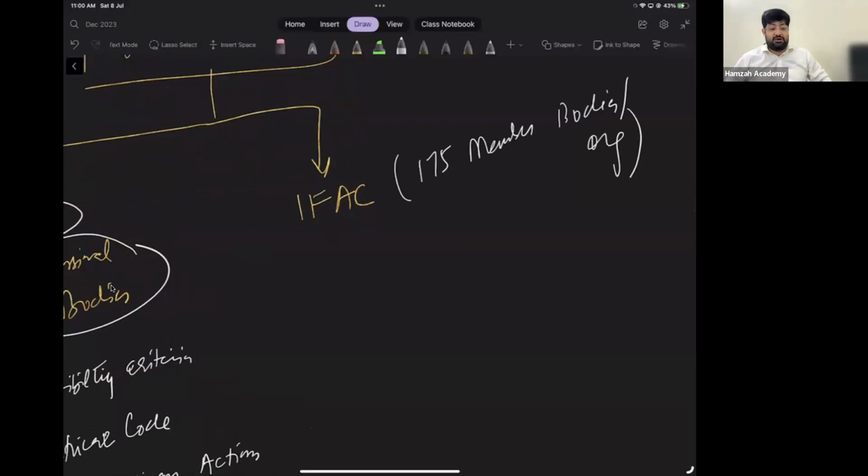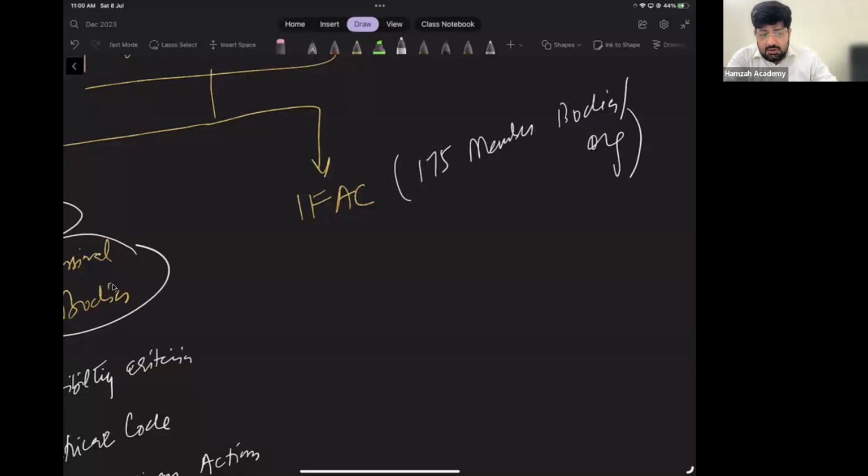They are all members of it. And IFAC sets the standards to ensure high quality professional accountants. It works for that in the world. Ethical professional accountants.